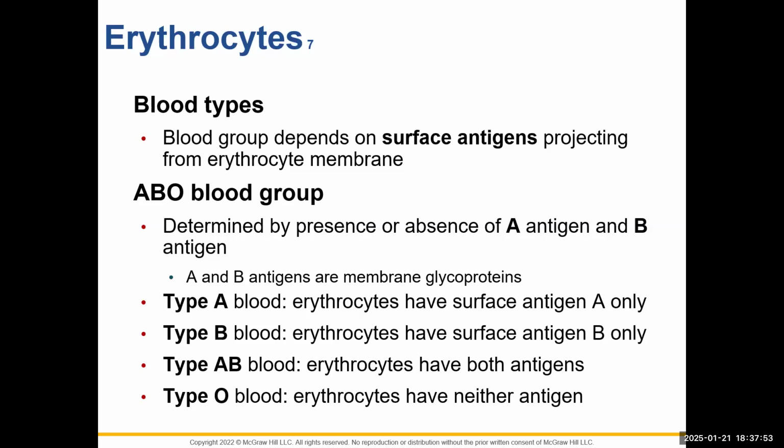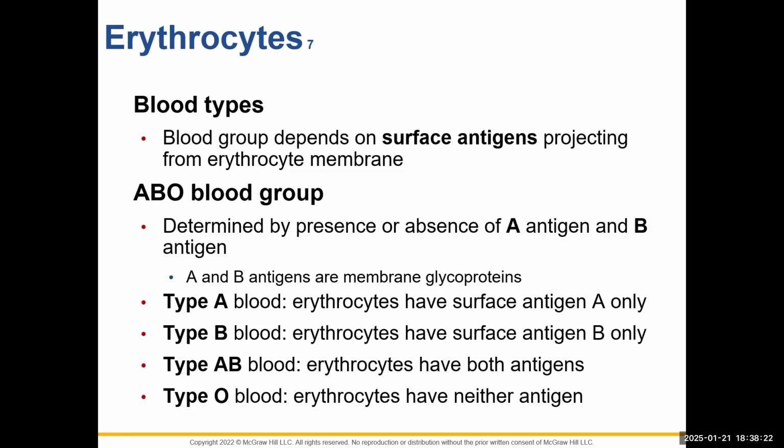When we talk about blood type, we're referring to a group of what we call glycoproteins that sit on the plasma membrane surface. We refer to these glycoproteins, these molecules, as surface antigens. Antigens, by definition, can be proteins or carbohydrates.